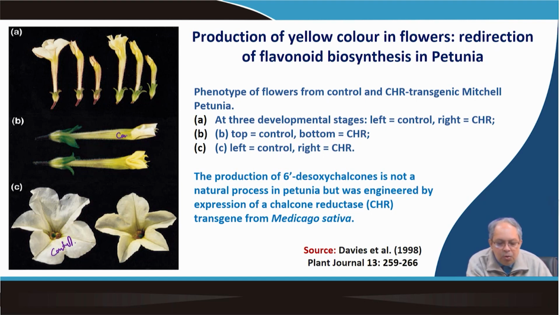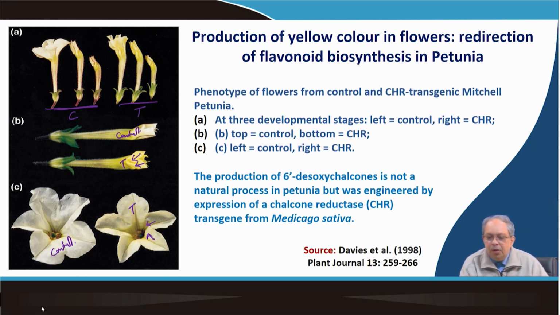This is the control and this is the transgenic. So, what you see when you compare this and this is that yellow coloration is noticed here. Here the yellow coloration is quite intense, and here there are 3 developmental stages; the left one is the control and these are the transgenic.